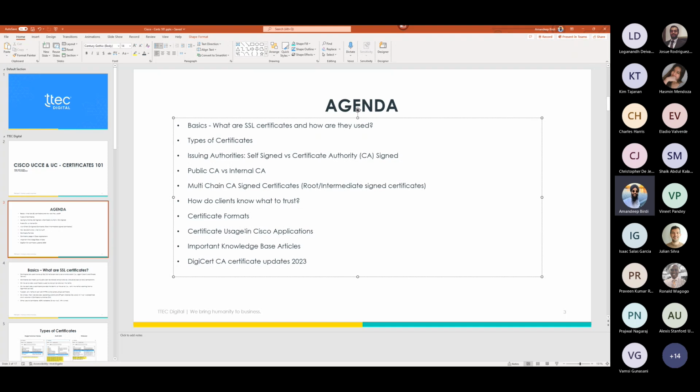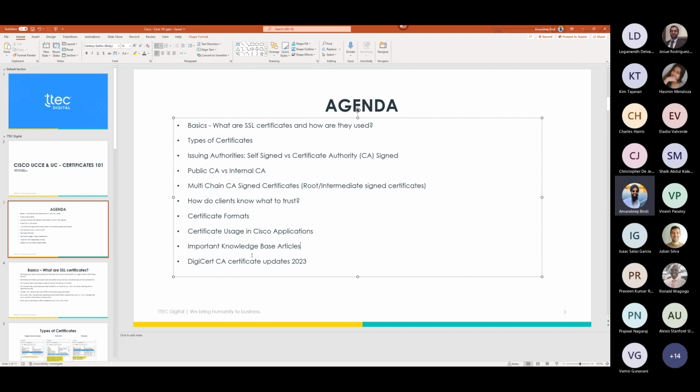And then we're going to talk about the different types of certs within the Cisco applications, right? And then we'll end it off by talking about the key knowledge base articles that we have in WXCC and HCS, right, on our Snow, just to see where you can go to find information. A lot of you should be familiar with that already, but I've got that here.